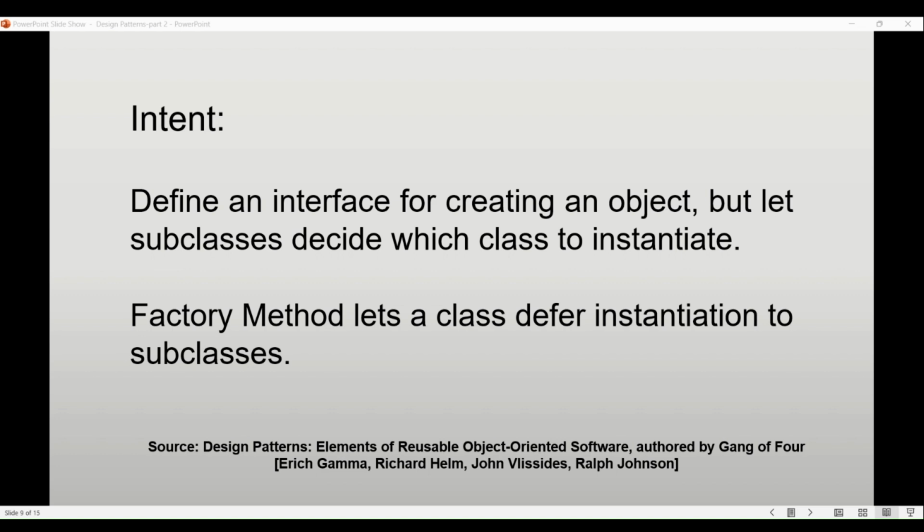The factory method pattern allows you to encapsulate the object creation logic in separate subclasses, making it more flexible and extensible. It follows the principle of code to an interface, not an implementation, allowing you to easily add new types of objects in the future without modifying the existing code.